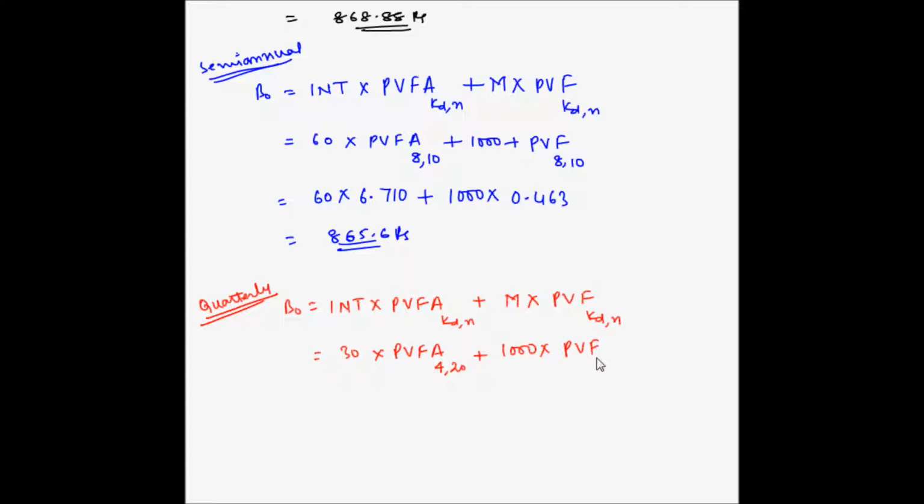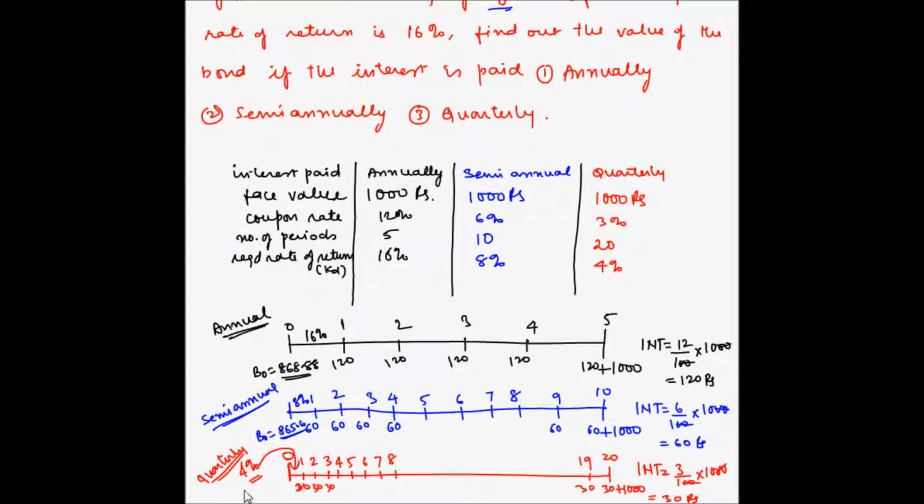So KD is now 4, N is 20. So this is equal to 30 into 13.590 plus 1000 into 0.456. So this comes out to be 863.7 rupees. So in case of quarterly interest payments, B0 is equal to 863.7.